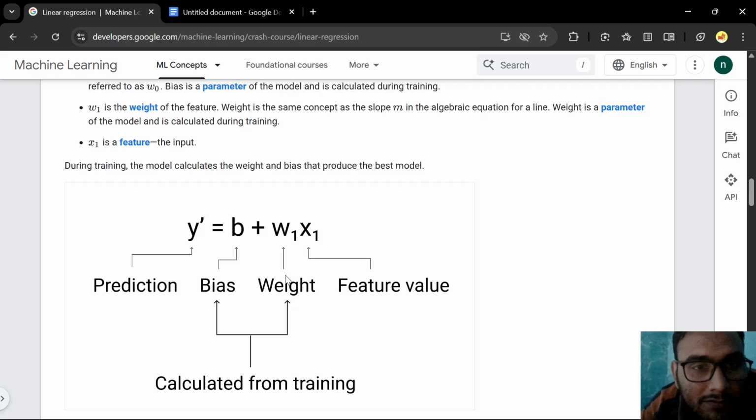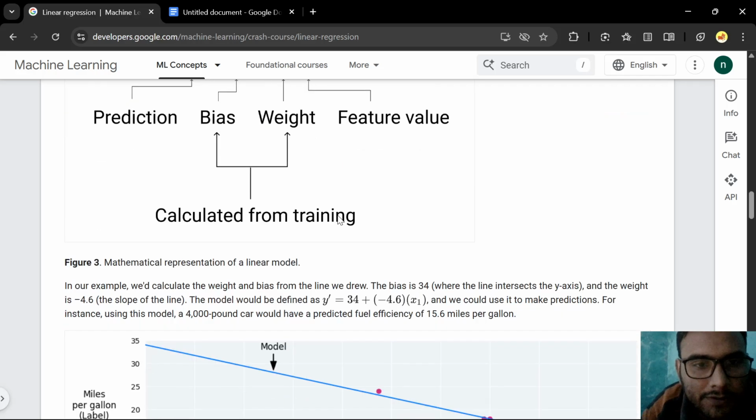Training is the period where the model predicts the output. It takes a random value of bias b and weight, calculates the prediction, and then matches it with the correct results that we have provided in the data set.